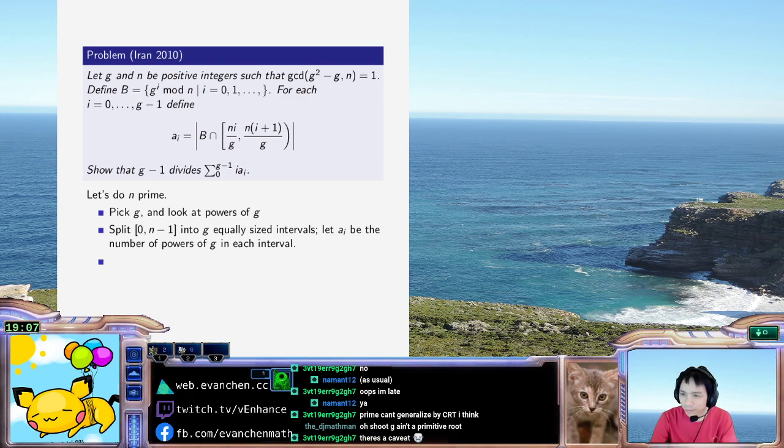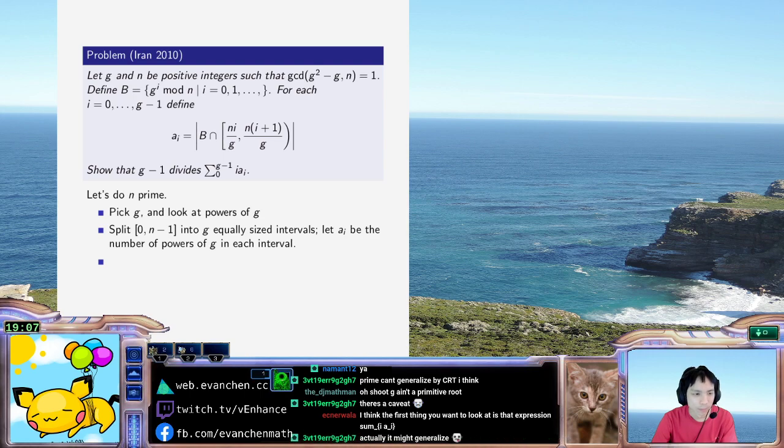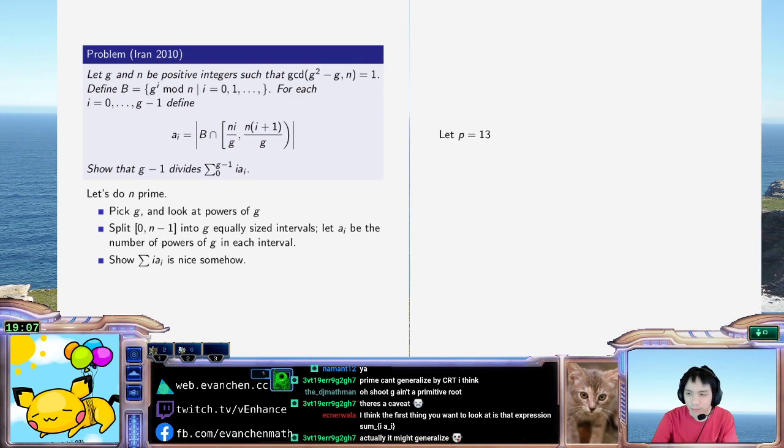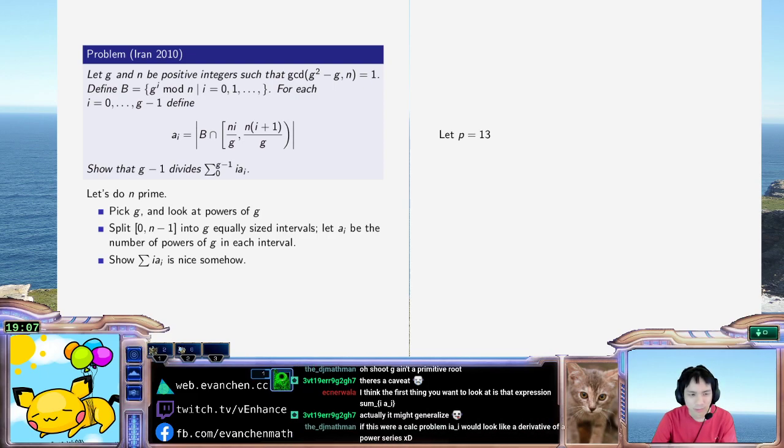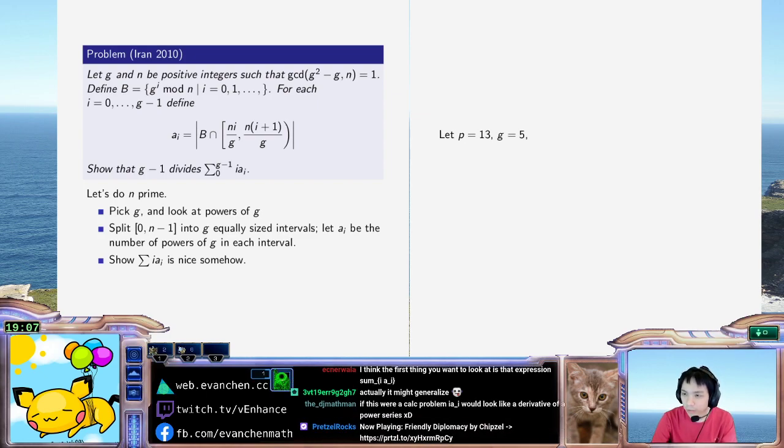So let's work through one example so that I can get a sense of what's going on. Let p equal 13, and we'll let g equal 5. The powers of g mod 13 are 5, 12, 8, 1.